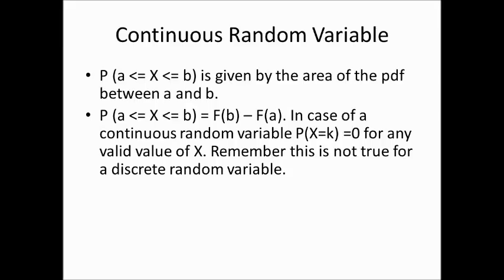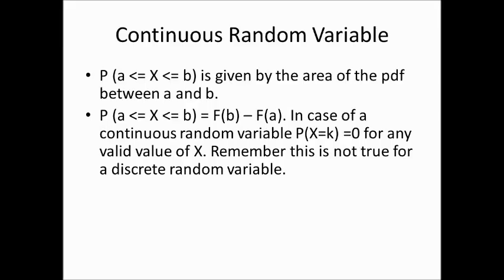Now, here's an important point to note. In case of a continuous random variable, if you want to find the probability that it takes a specific value, as shown here, probability x takes a specific value k, that probability is always treated as equal to 0 for any value of x.